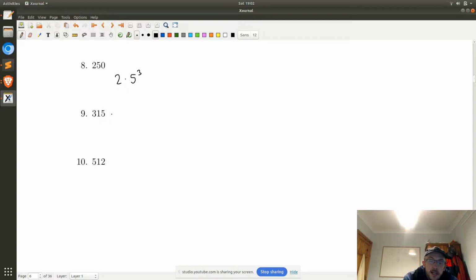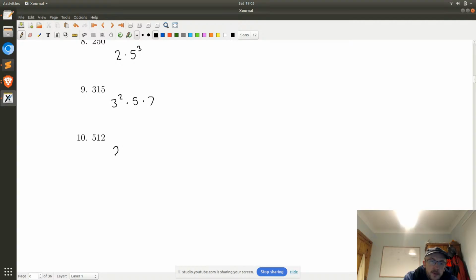Double it and divide by 10 to find out which multiple of 5 it actually is. And upon doing so, we learn that it's the 63rd multiple of 5. And 63 is 3 squared times 7. So it's 3 squared times 5 times 7. 512, famously, is the 9th power of 2.